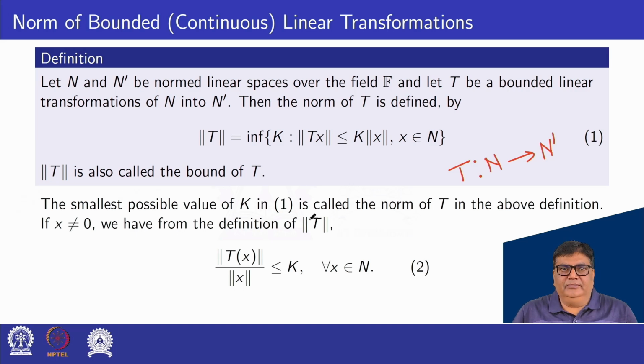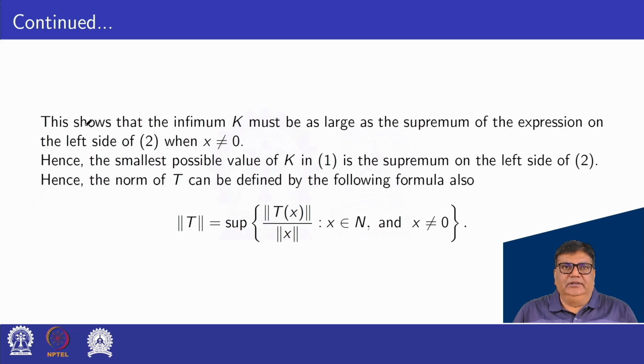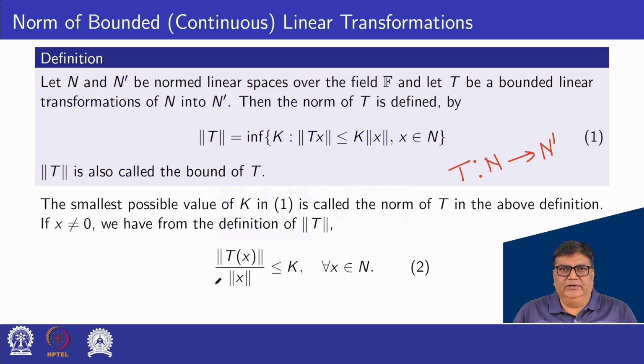This shows that the infimum k must be as large as the supremum of the expression on the left side of equation 2 when x is not equal to 0. That is, supremum of this and infimum of k.